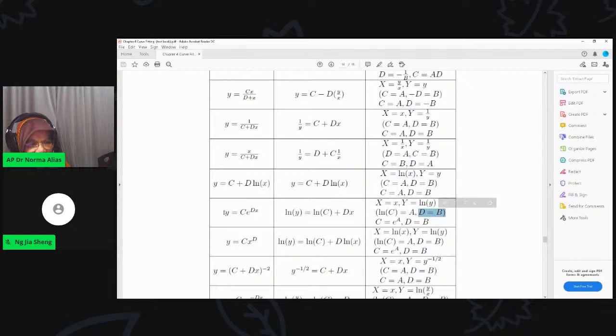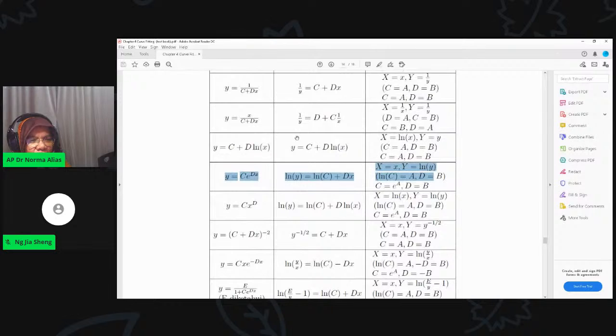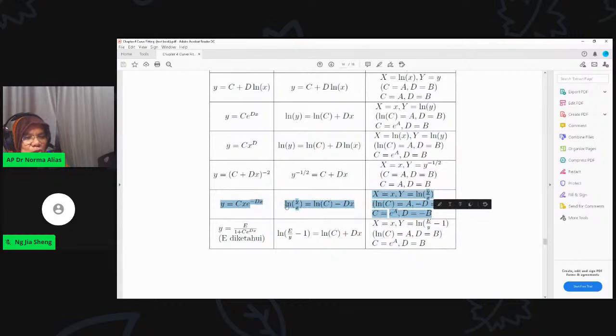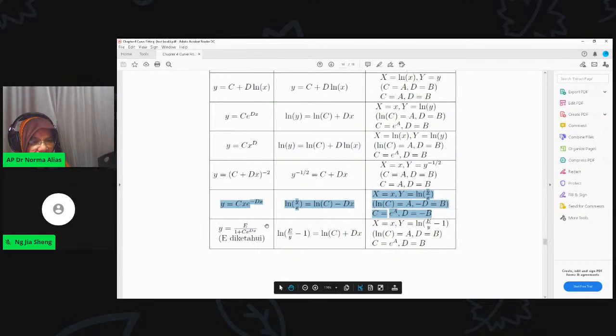This is one of the examples. So now my question: how do we make sure that we can express this as a linear system? How do we do that?